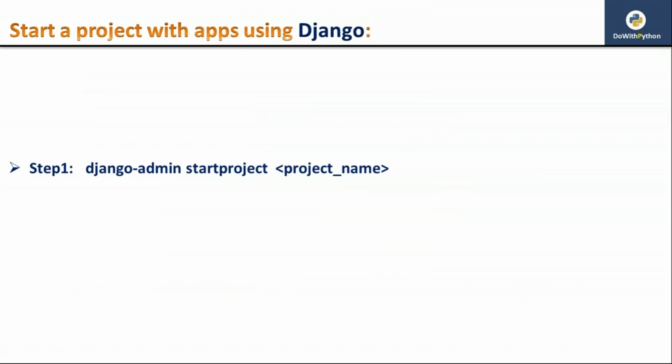In the previous video we have seen how to start a project using the Django framework, right? This is the very first step you have to use: django-admin startproject and your project name. Let me start that first.